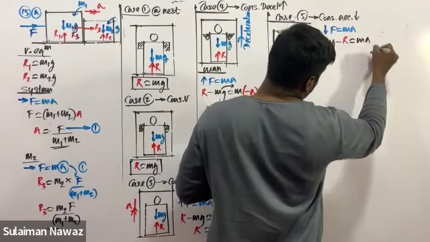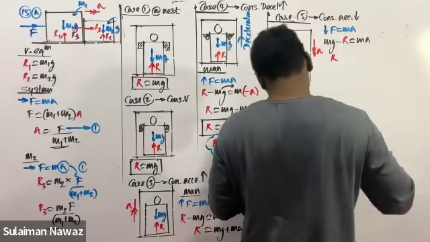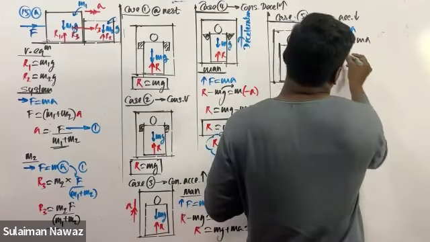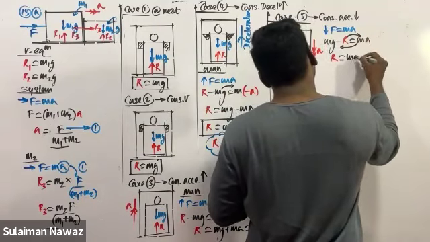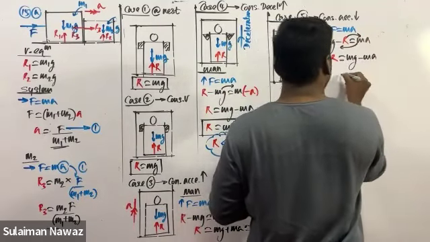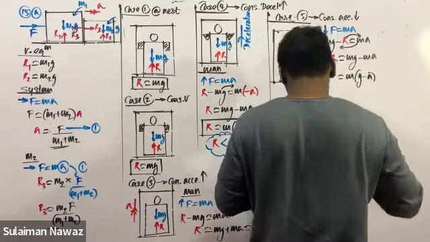Then R equals again mg minus ma, that means m(g minus a) is R.